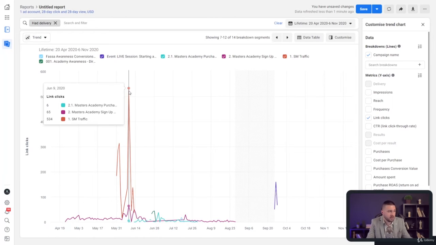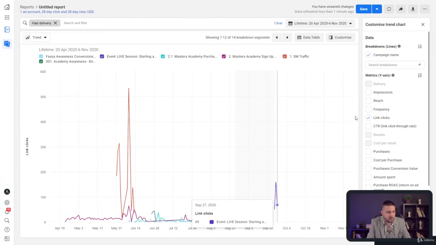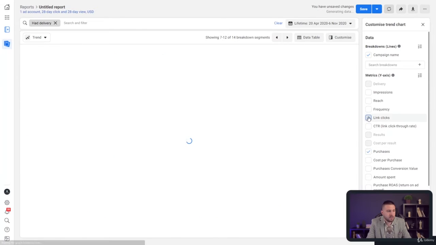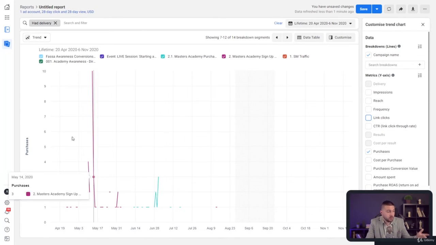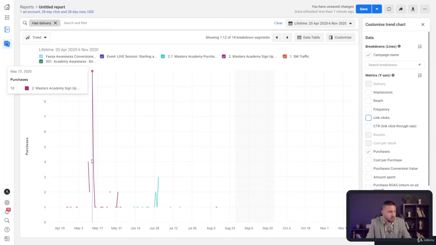Obviously the traffic campaign did, but that doesn't really make it the better campaign. So then maybe we can turn and look to purchases and see maybe a very scattered graph. Yeah, it will be very scattered, and in certain cases we'll have a bit more purchases, and in other cases it will be very scattered since we don't really have a lot going on in that campaign.